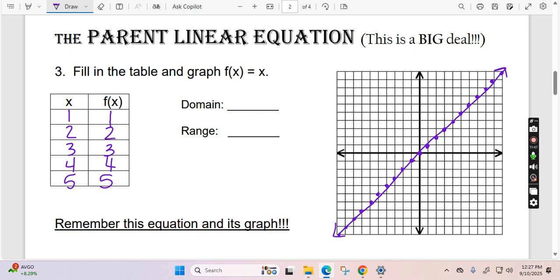All right, so what are my domain and range for y equals x? Okay, negative infinity to positive infinity for just the domain or for the range too? The range too. Okay, so these arrows right here mean that this is going to extend infinitely.